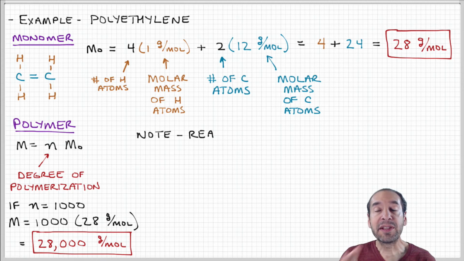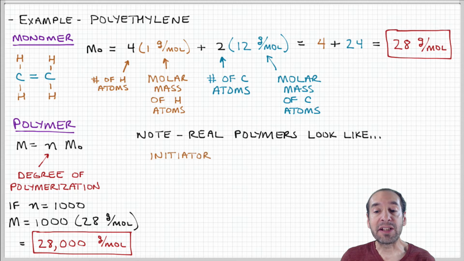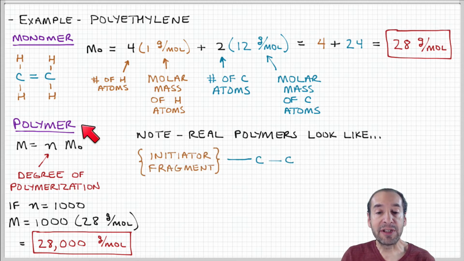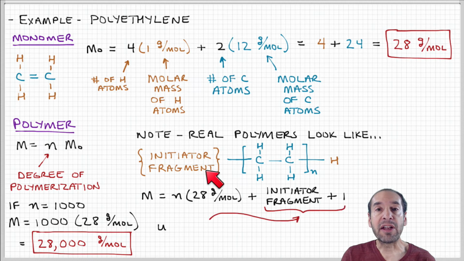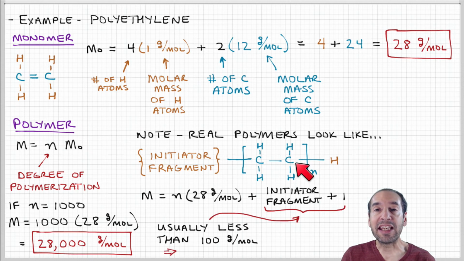Now, this is kind of a simplified description. It leaves out some details. Real polymers have this array of repeat units that we've talked about before, but there's also some other chemical groups that would be attached. There's a terminating group. In this case, it would probably be a hydrogen at the end of the last carbon, and possibly a chemical group at the beginning of the chain that corresponds to an initiator, which is a chemical compound that's used to start the polymerization reaction.